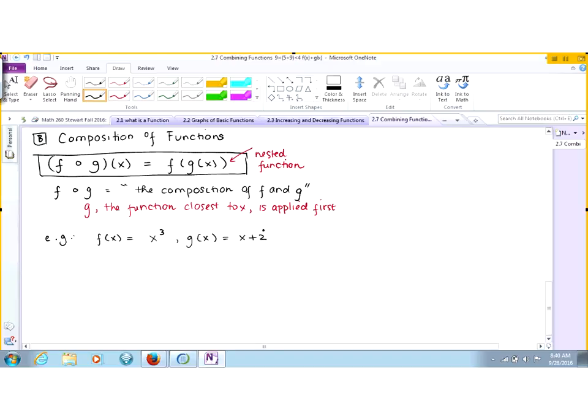Okay. A, find f circle g of x, and B, find g circle f of x. All right.